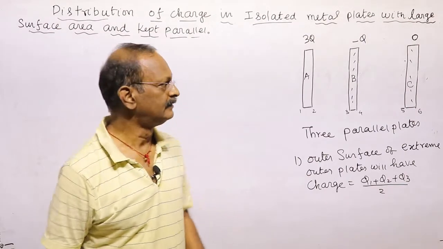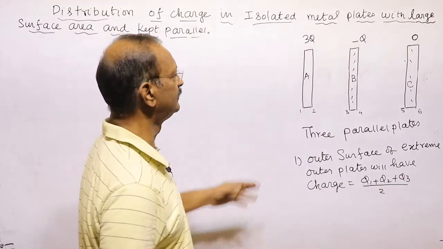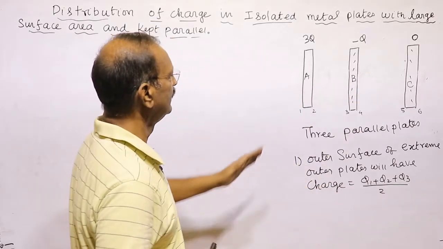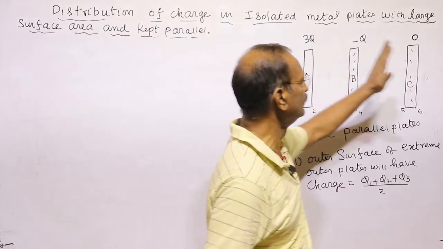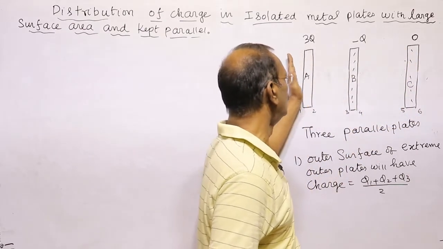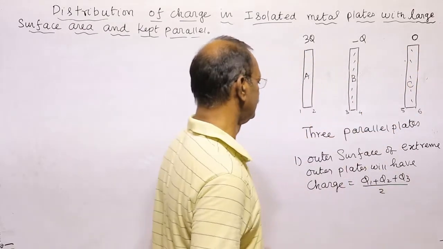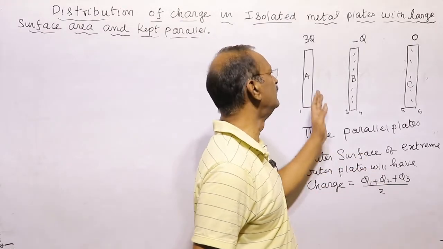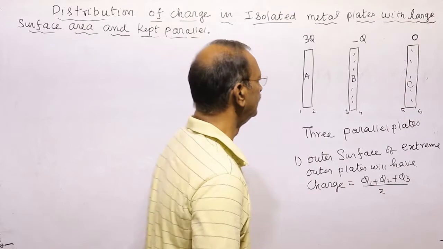Now let us take the example of 3 parallel plates. This is 1, 2, 3, A, B, C. Now we will see what is on the extreme outside. This is the extreme outer side of the plates. So the outer surface of the extreme outer plates will have a charge equal to the summation of all 3 charges divided by 2.